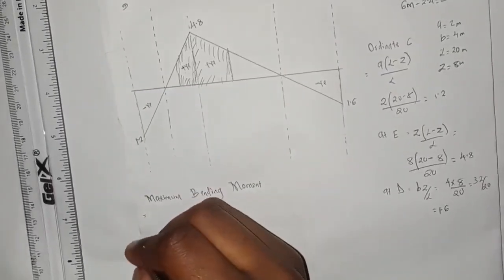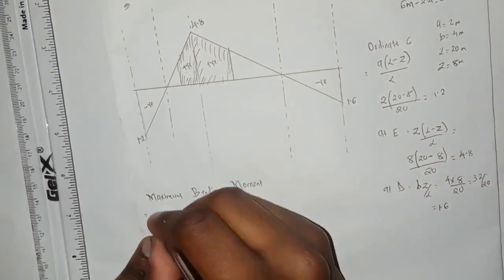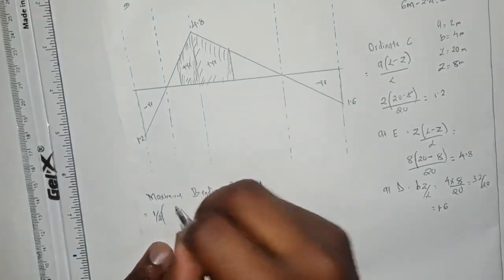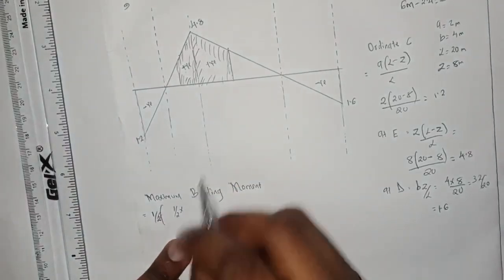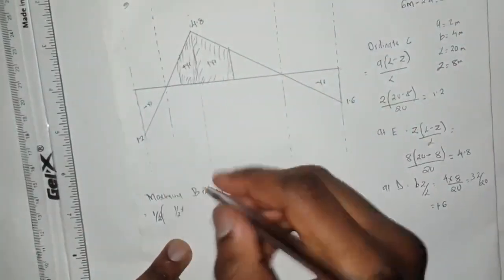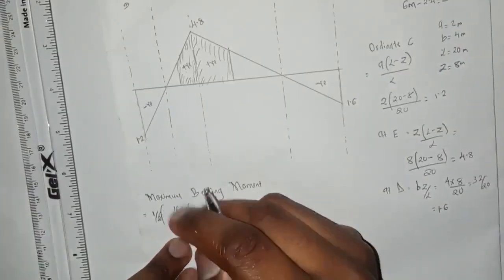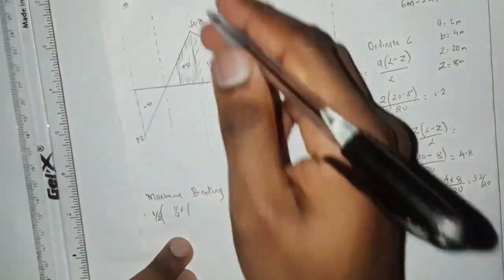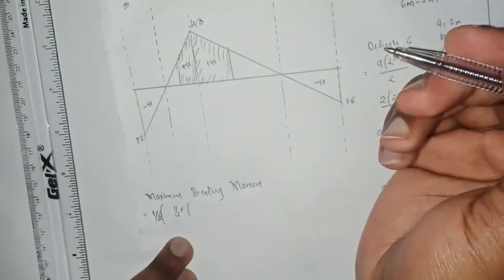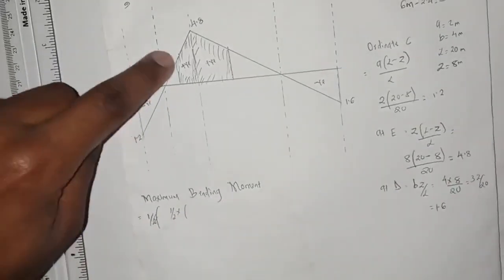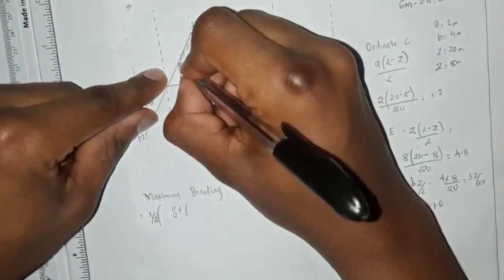Which is half multiplied by base, this is the trapezium, it's trapezoidal, into A plus B, which are the sum of these two parallel lines. So we should have calculated our point there and our ordinate at this point.